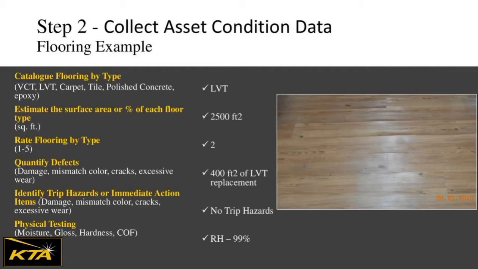The rating is too great here because we see some lifting at the seams, and it looks like we've got some delamination with the LVT. So the rating that was assigned was a 2. And then we may need to identify the defects. Does it have mismatched color, cracks, or damage? In this case, about 400 square feet of LVT was identified for replacement.